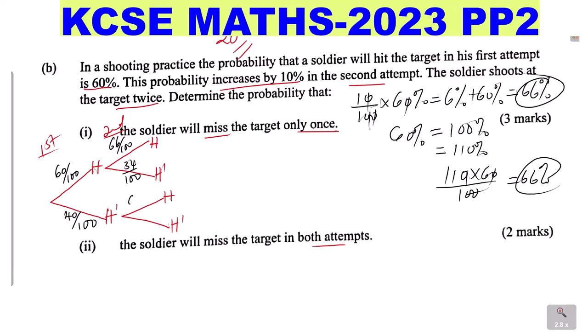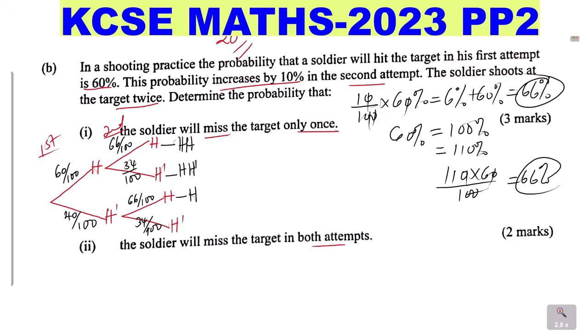So here we have 66%. This will be 34%. So the probability the soldier will miss the target only once. So let me complete this. This is the first attempt, hitting in both attempts, then hitting, then the second attempt missing.